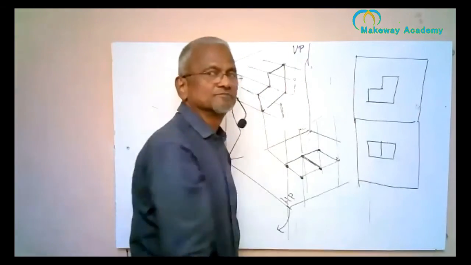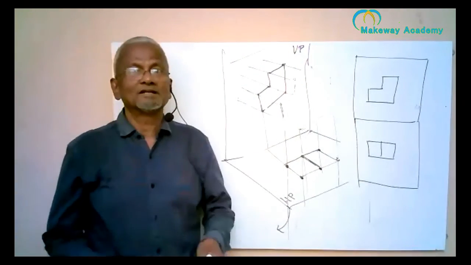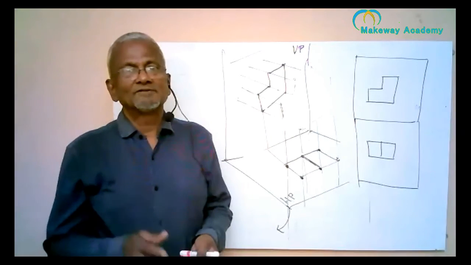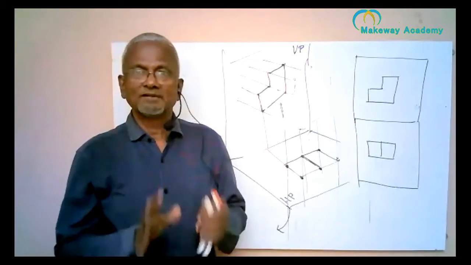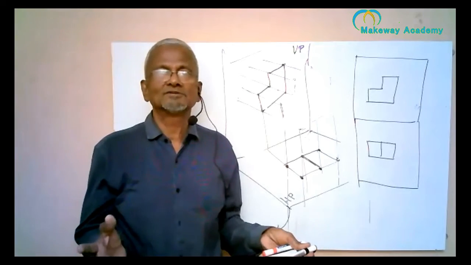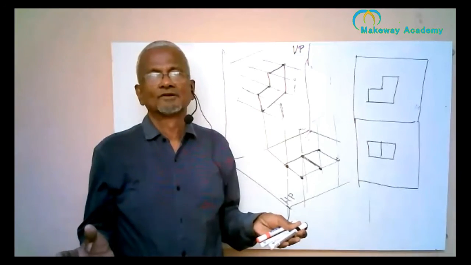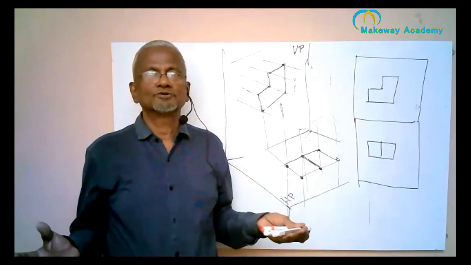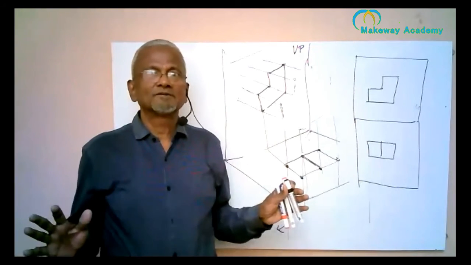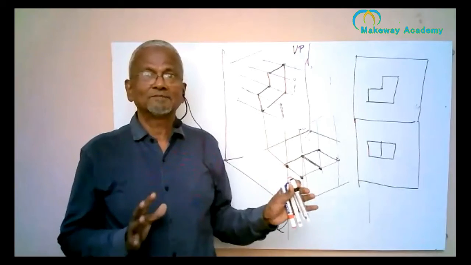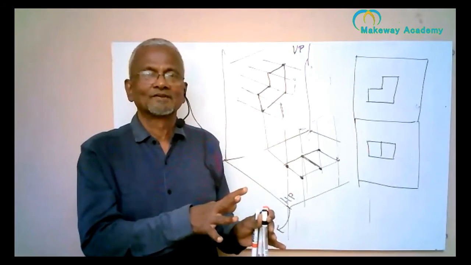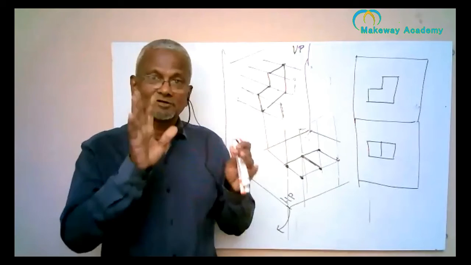Now they have become one plane. Actually, we don't draw the planes. This is the concept behind engineering drawing: projection, orthographic projection, or multi-view drawing. You don't draw the planes, but that is the basic idea. The objects are projected onto the planes, but we don't draw the planes. We draw only the views.